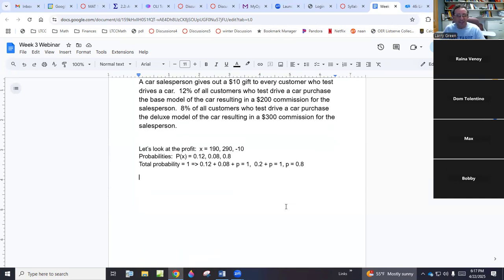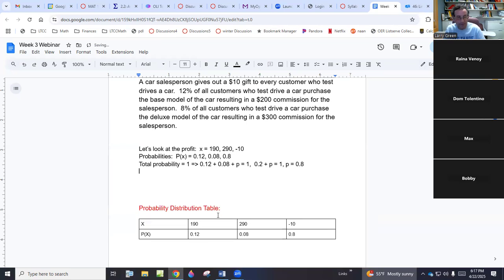Okay. So the next thing we typically do is create a probability distribution table. So we're going to take what we just figured out and make a table out of it. And here's how the table works. It is going to have 2 rows.